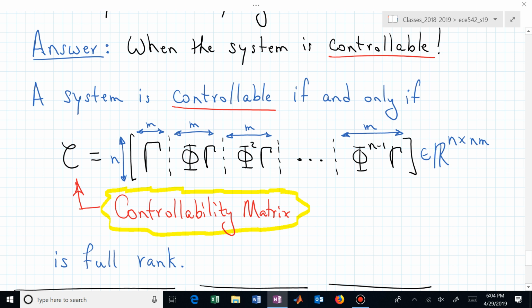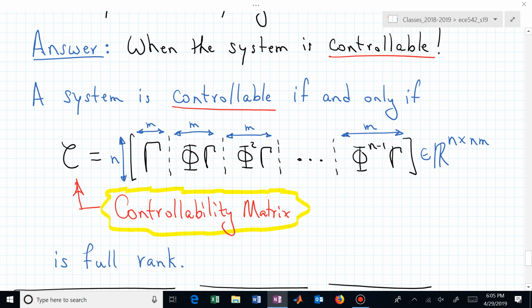What does that mean? For a matrix to be full rank. Is that a new term? It may be. Full rank now means that, well, here, what's the dimension of C, script C? It's N tall by N times M wide.